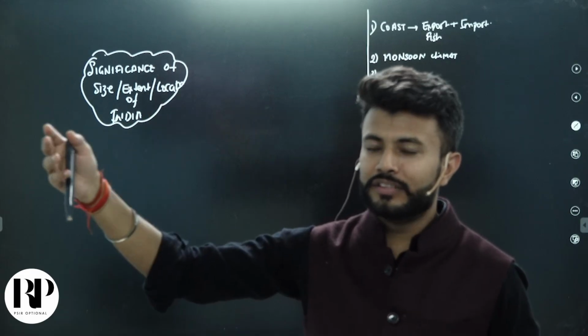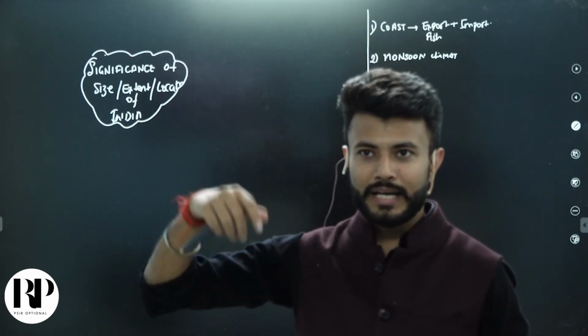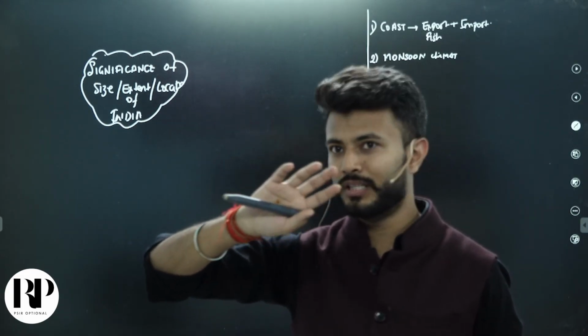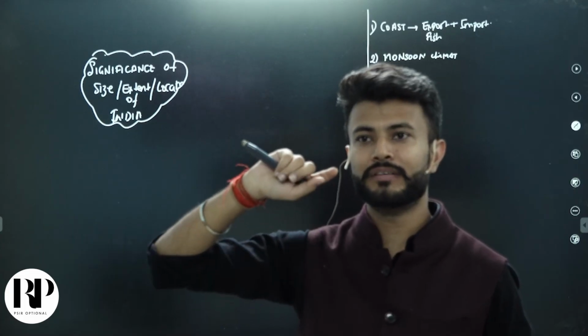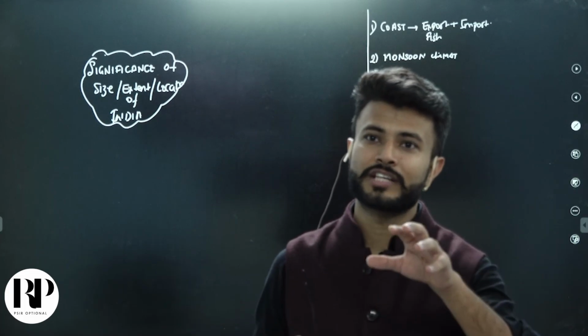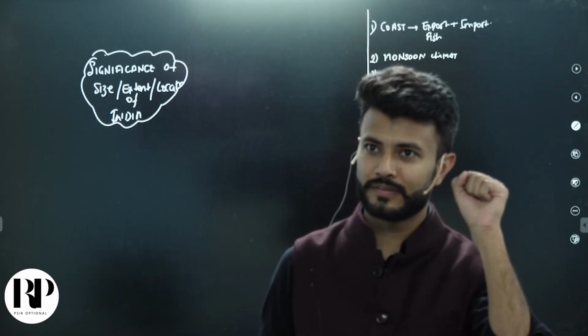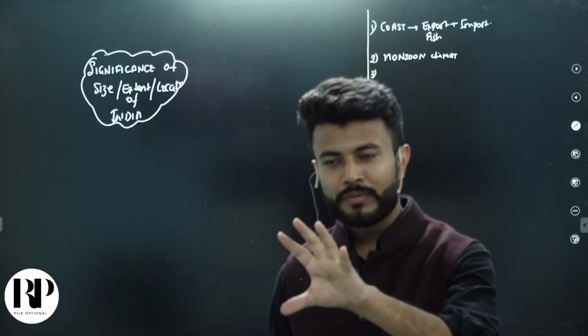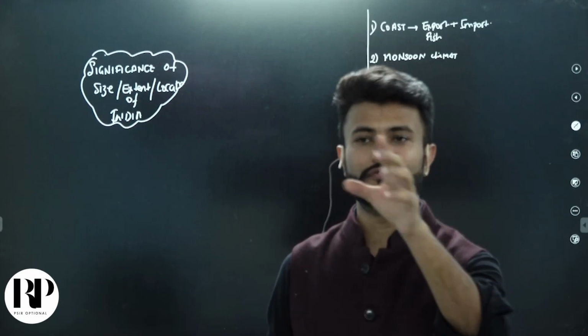So the significance of Arctic melting for India, the primary significance is not trade. The primary significance of Arctic melting for India from an economic perspective is extraction of natural gas. From the trade perspective, it is more relevant for Russia.